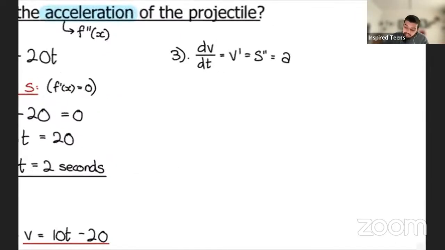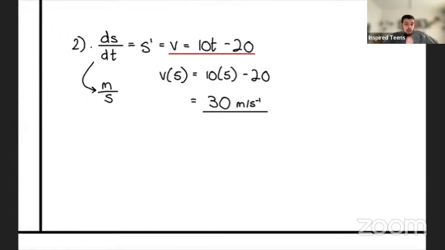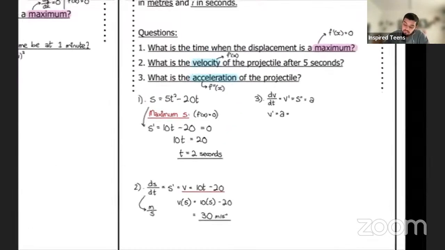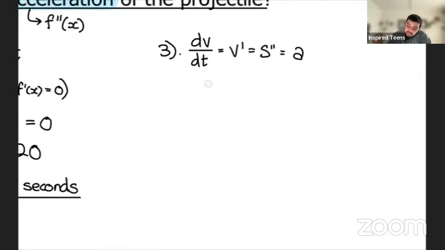Okay, so let's derive velocity, which is equal to acceleration. Let's write out what is velocity.